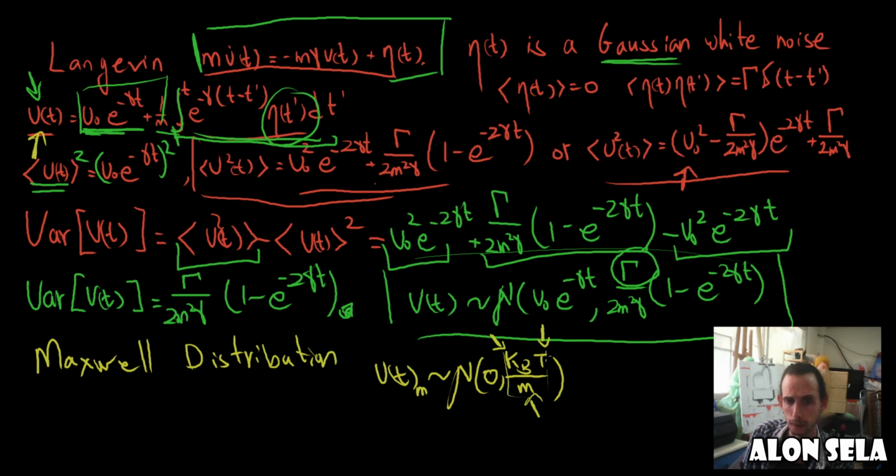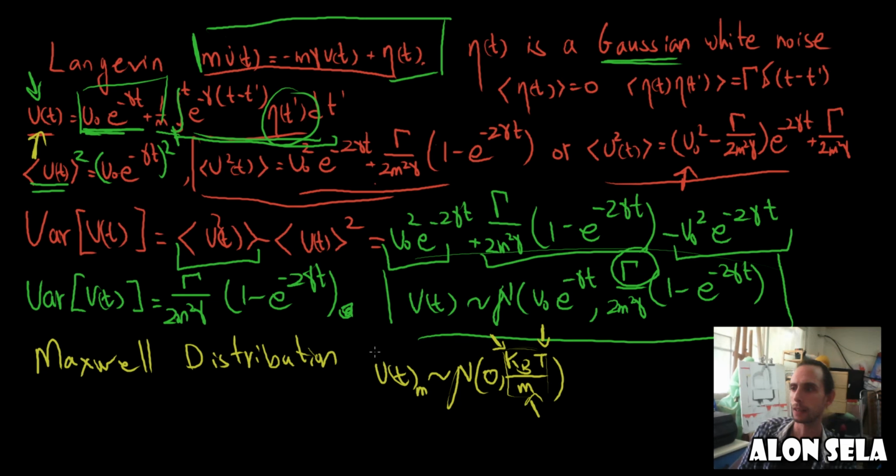So basically this whole quantity is some constant that represents the variance for this process. So now I want to make the connection between the Maxwell distribution and the Langevin stochastic differential equation for the velocity.